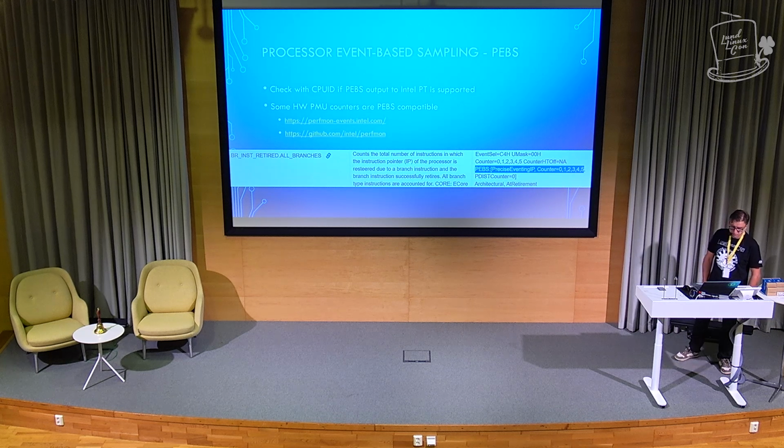Let's say we are focusing on this branch instructions retired event. You will see that this event is PEBS enabled, and it can be mapped to any of the available PMU counters. In the particular case of this CPU, which I am showing, there are 6 general PMU counters, and this one can be mapped to any of these 6.